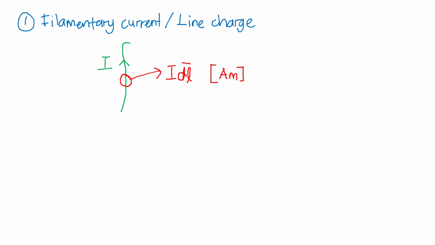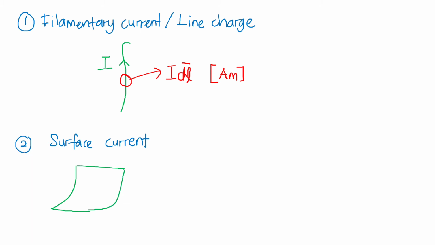Okay, the second source is a surface current. I'm going to draw a surface quite similar to what I've drawn in electrostatic. Here the I can be in any direction on this surface.